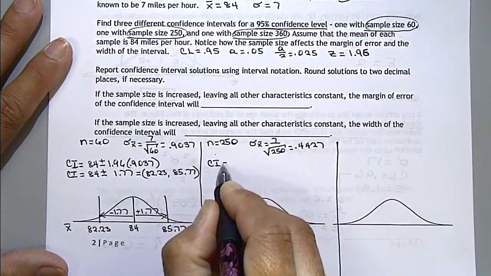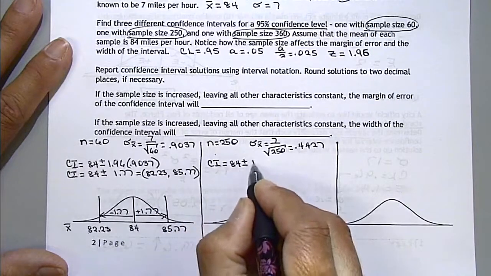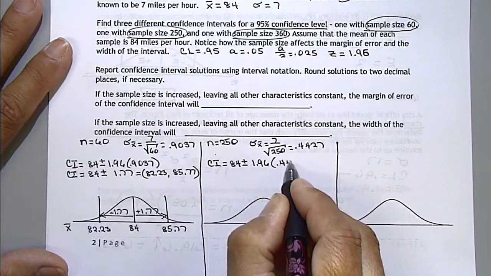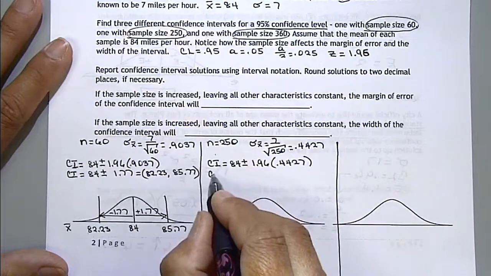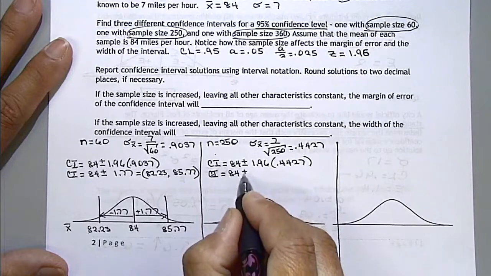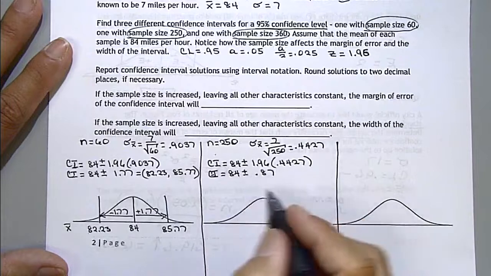My confidence interval is still equal to the sample mean, plus or minus the same z-score, but this time the standard deviation is different. That changes the margin of error. The margin of error is now 0.87.